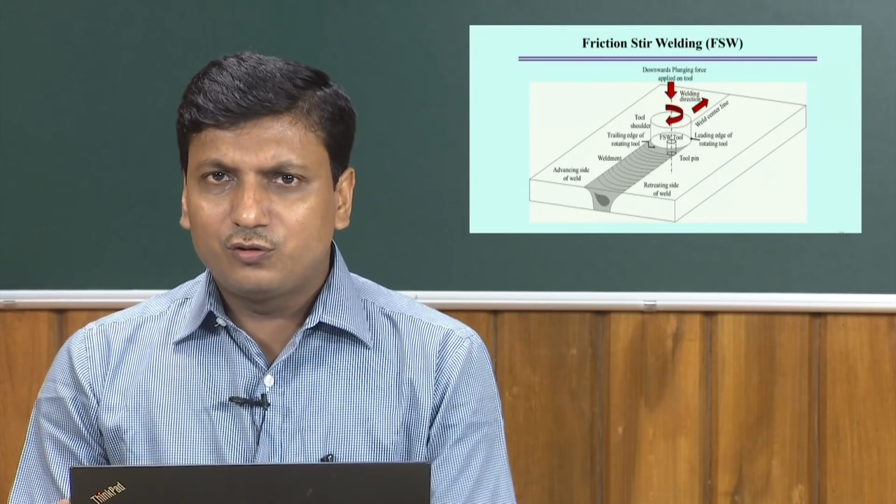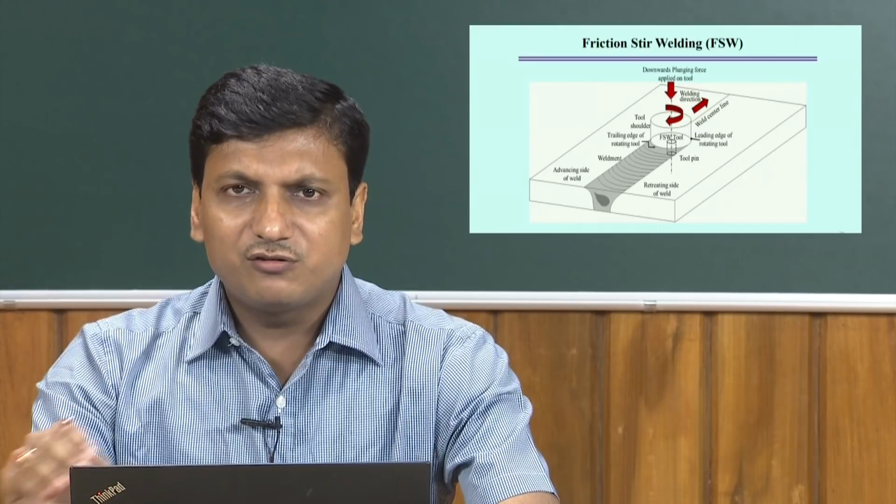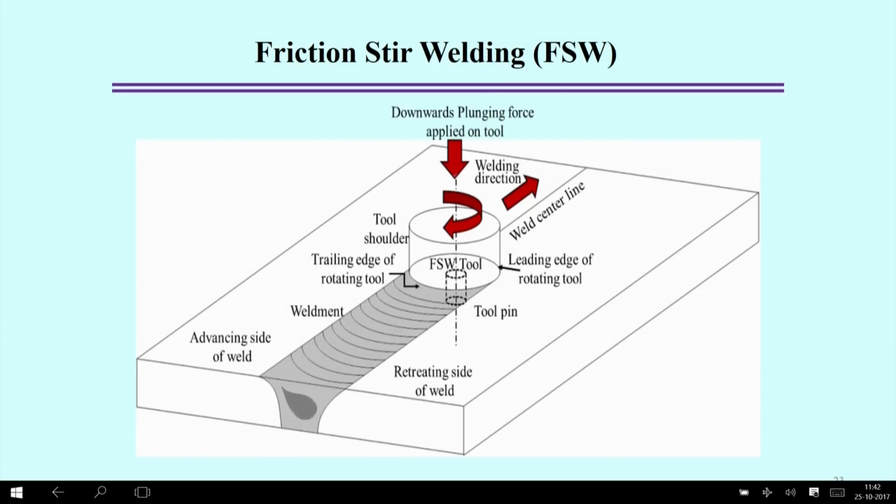If you look at the figure, the tool shoulder is in contact with the surface of the material, but the tool pin is inserted to the depth of the material. So the tool pin covers the whole depth of the material, while the shoulder surface covers only the top surface of the materials which are to be joined.